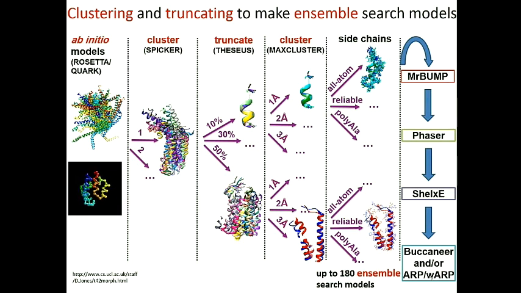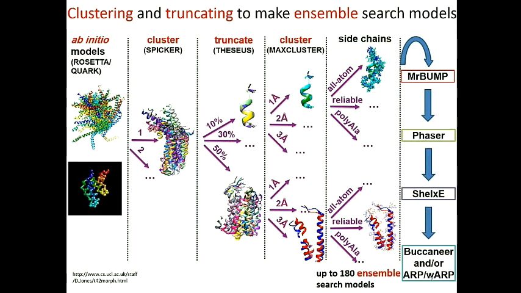So we take the cluster, we do this progressive truncation at 20 different thresholds. We use a program called THESEUS, which is a maximum likelihood structure superposition, which best superimposes core regions. Then we compose search models at different subclustering thresholds, so quite 1, 2, 3 angstrom thresholds.